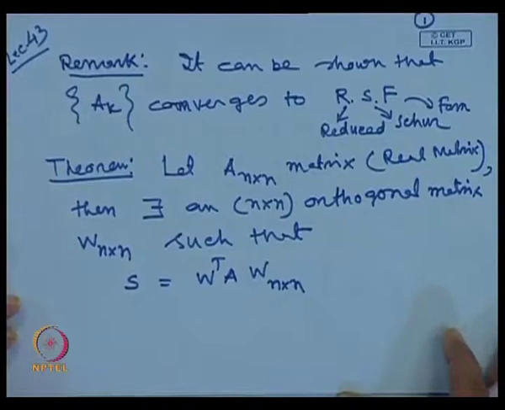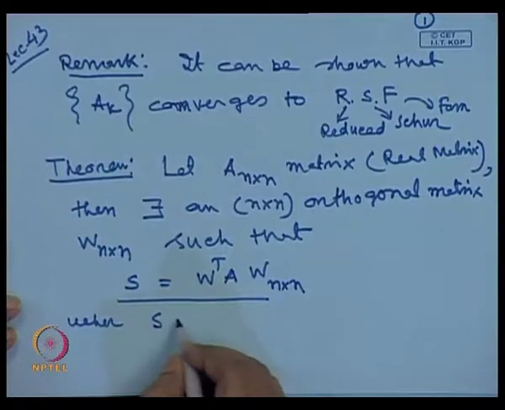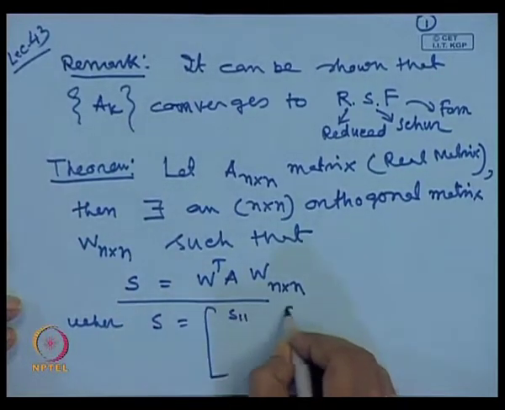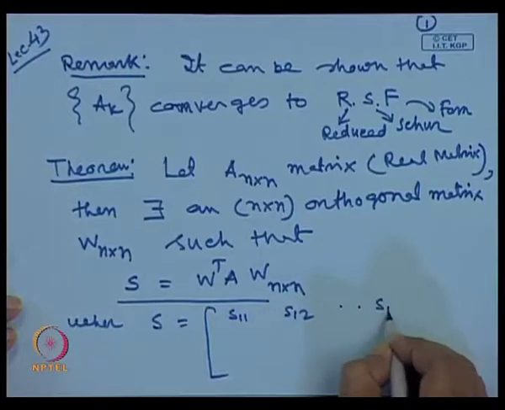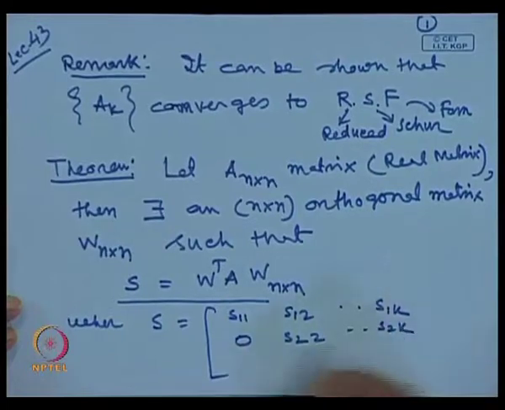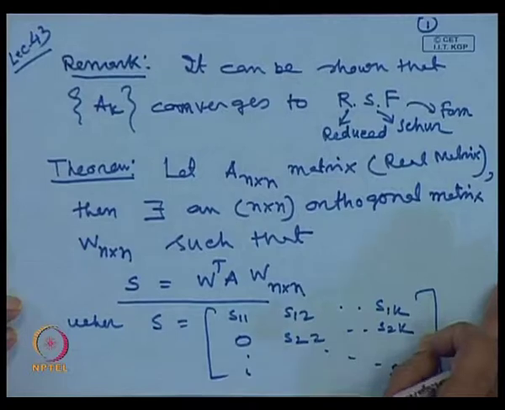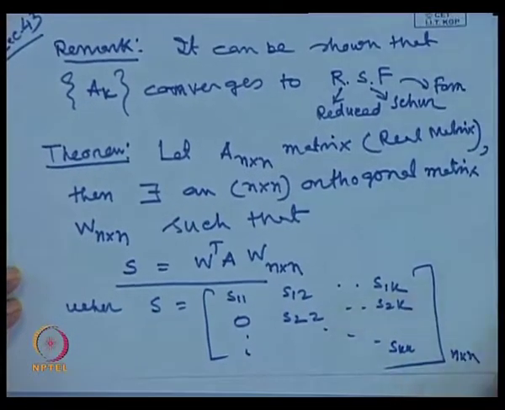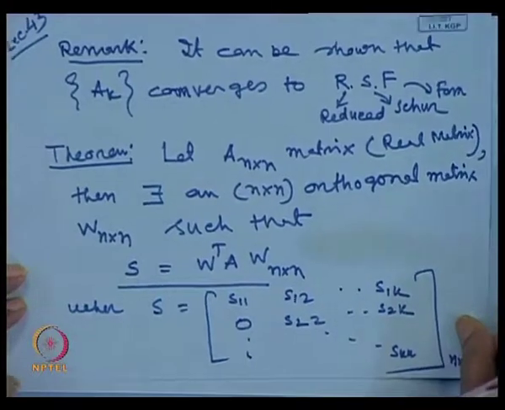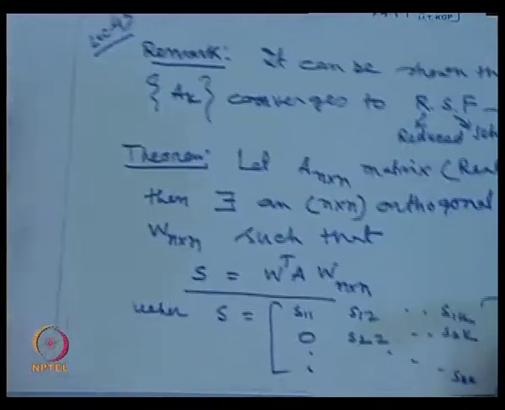So S is equal to S11, S12 up to S1k, then S22 with zeros below, up to the last block SKK. The dimension is n cross n. Agree? S11, S22, SKK are either 1 by 1 or 2 by 2 matrices, and it is in upper triangular form.